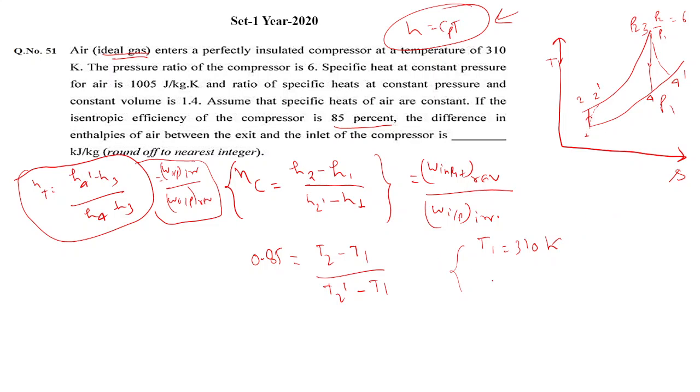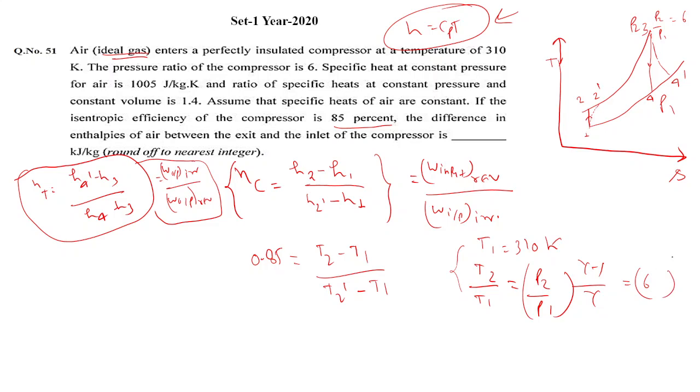T1 is known, and T2 you can simply find, because it is reversibly compressed, reversibly adiabatic, because entropy is 0. So T2 by T1 is equal to P2 by P1 to the power gamma minus 1 by gamma. The value of P2 by P1 is RP, RP is 6.